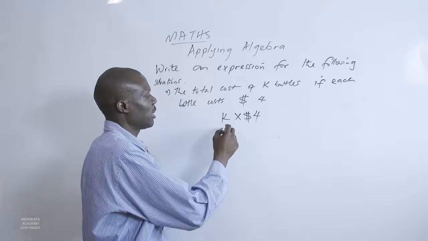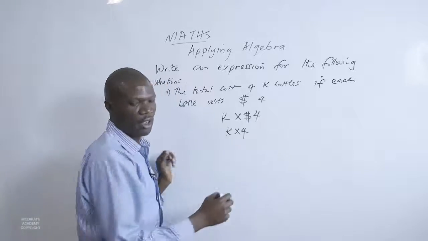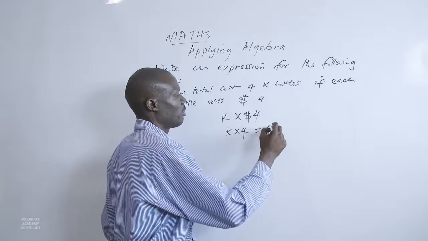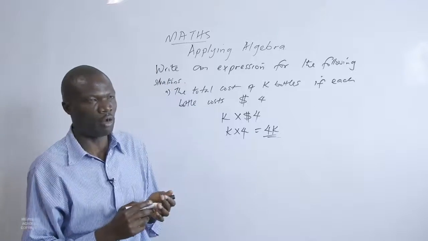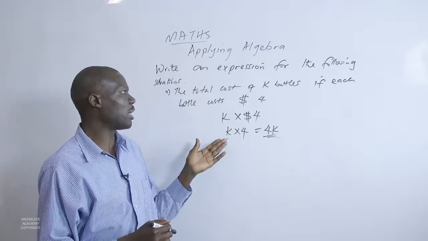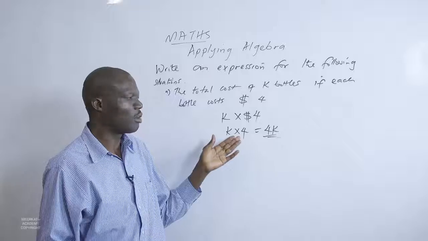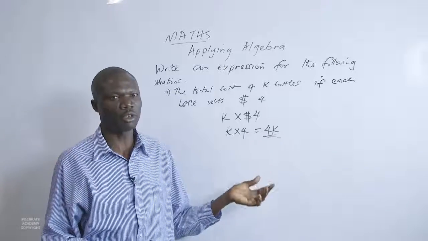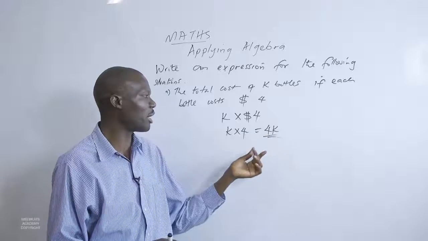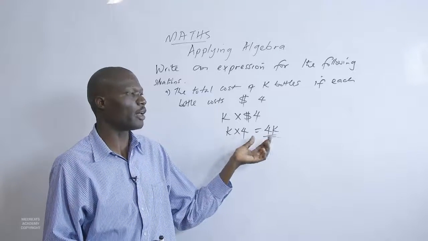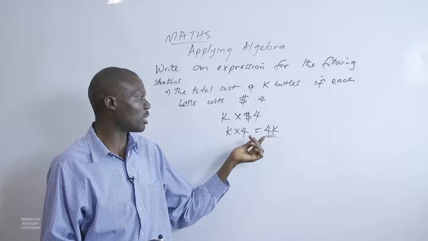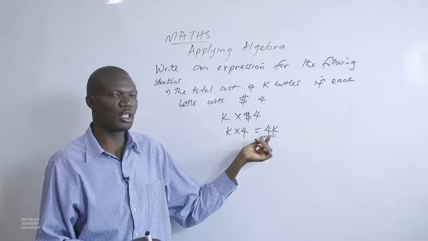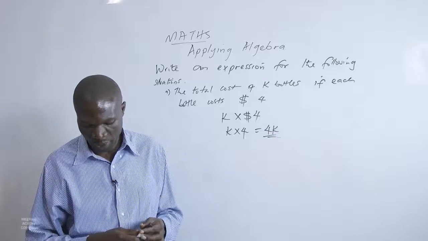So it implies that K times 4 gives us the total cost, which is 4K. So you've been able to identify that K stands for the number of bottles. 4 is simply the cost per bottle. So if you buy K bottles, the total cost for the bottles that you bought is 4K.